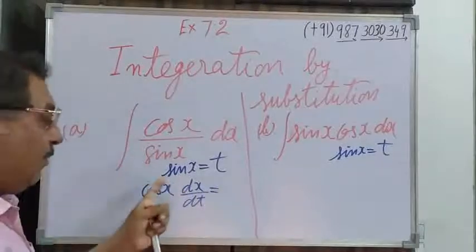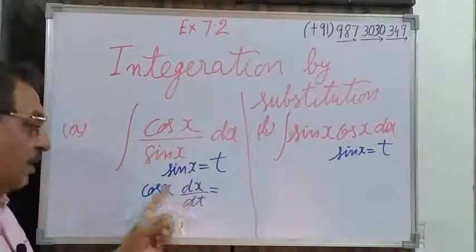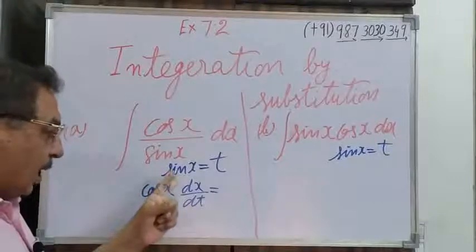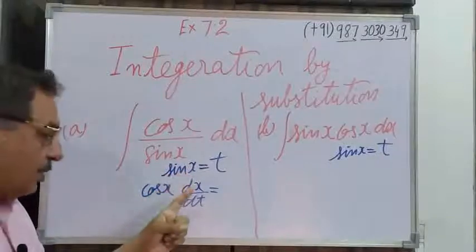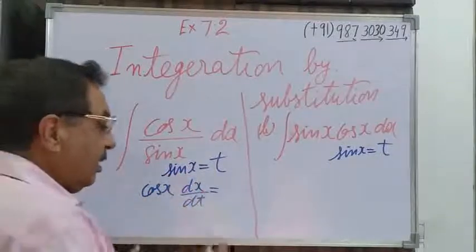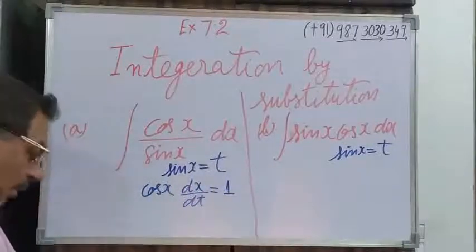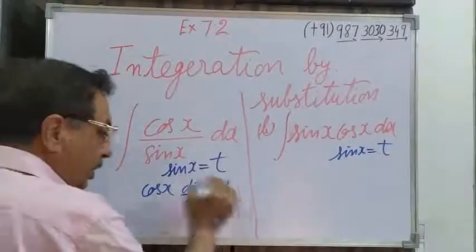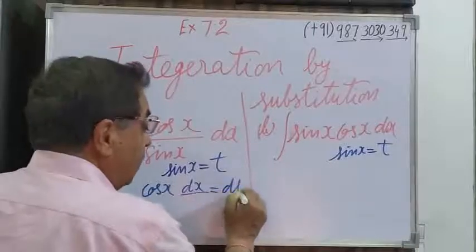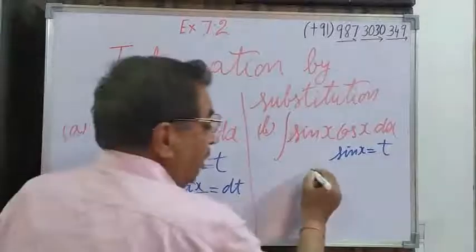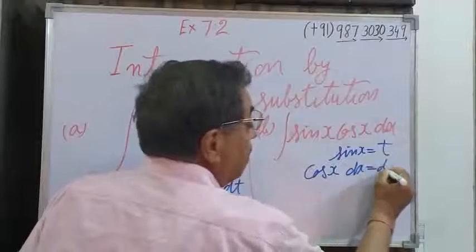We have taken sin x equal to t and now we differentiate both sides with respect to t. The derivative of sin x is cos x by the chain rule, times dx by dt, and the derivative of t with respect to t comes to be 1. Now we take dt to the other side, so it becomes cos x dx equal to dt.